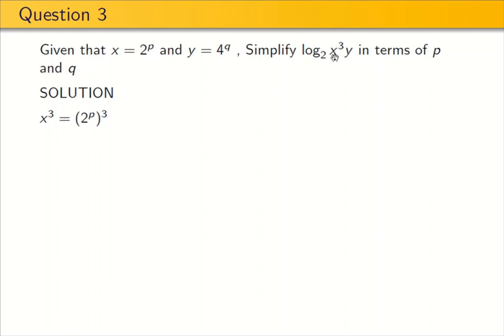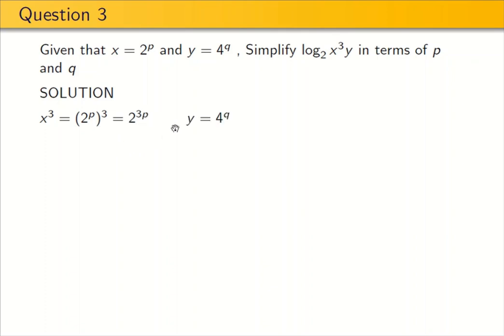Okay, so if that is the case, all that I have to do is, I'm given an expression to simplify, like logarithm of x to the power 3 y base 2. So all that I have to do is just find x to the power 3, because x is given as 2 to the power p, and for x to the power 3, I just have to put 2 to the power p cubed in place of x, and that will give me this. Okay, and from indices, the power rule, this becomes 2 to the power 3p.